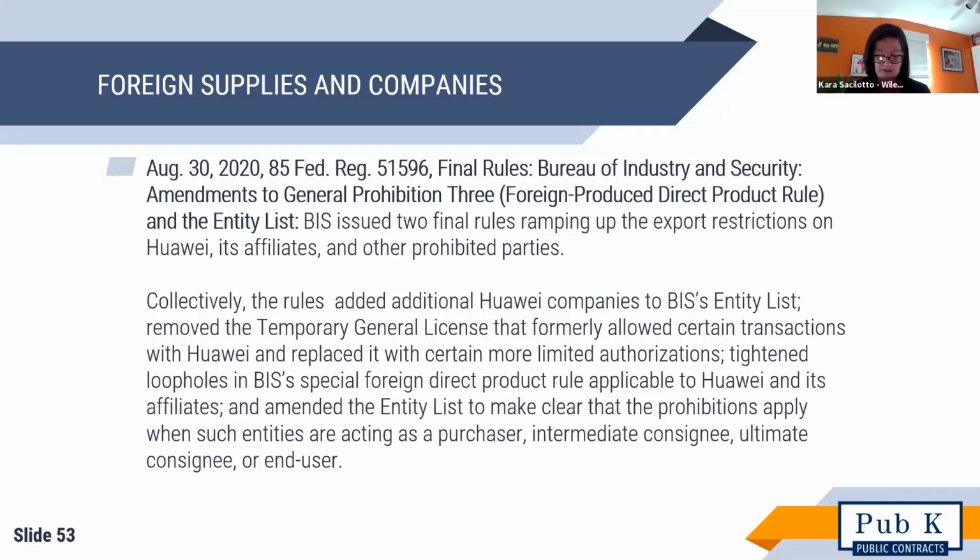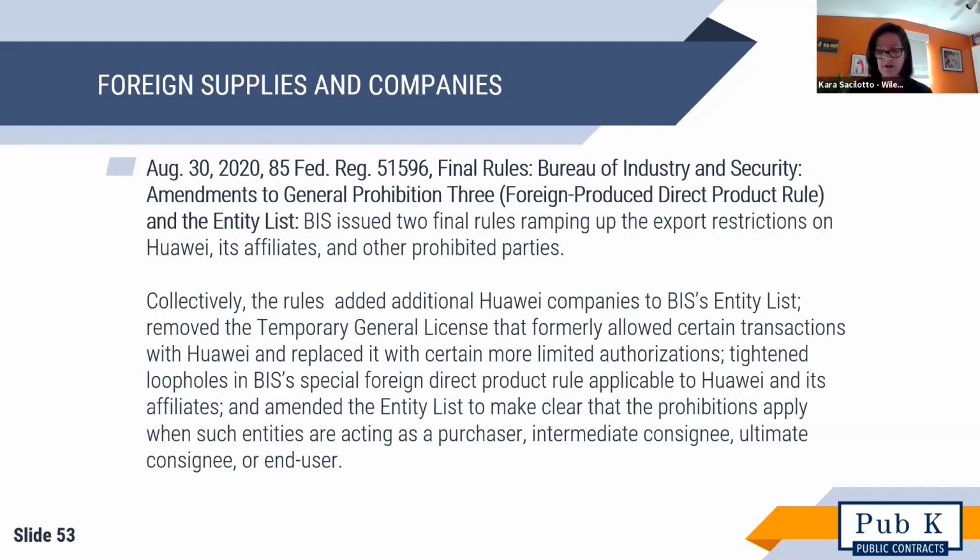Slide 53 relates to two final rules issued by the Bureau of Industry and Security within the Department of Commerce that ramp up the export restrictions on Huawei, its affiliates, and other prohibited parties. There's a lot going on here, and it's best to refer you to the written materials for more detail on this.